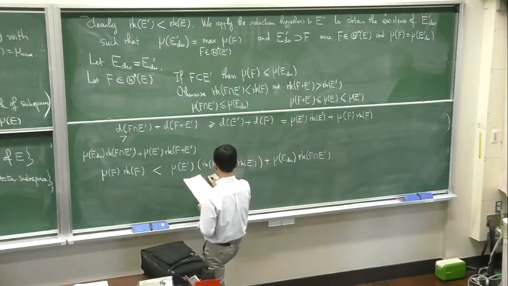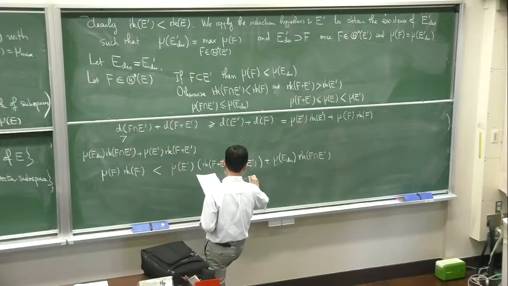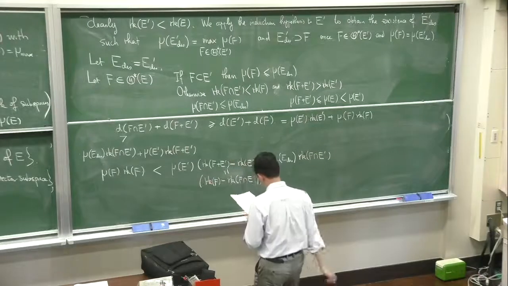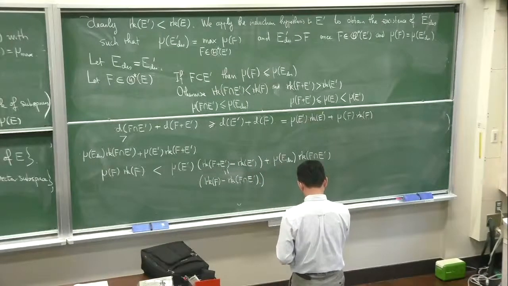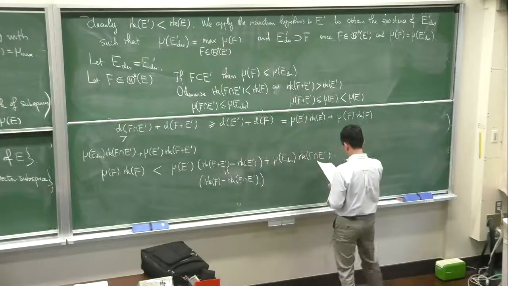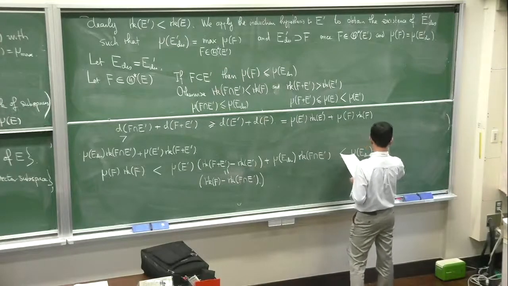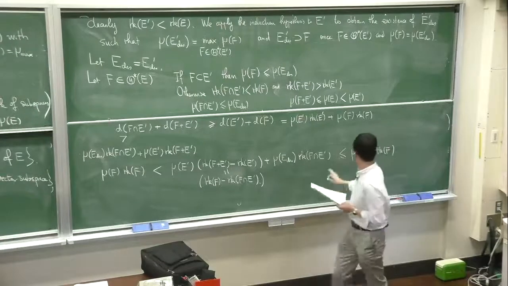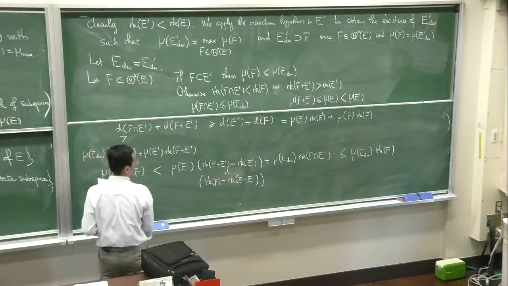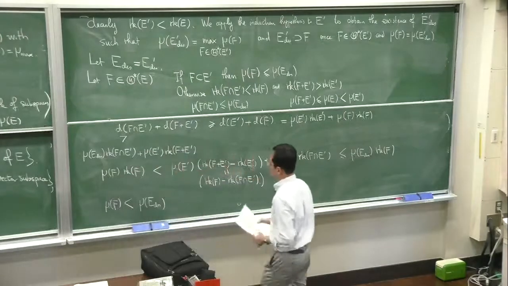But here you find this thing is just the rank of f minus the rank of the intersection. So this one is just this one. So mu of E prime is bounded by mu of E ds. So this is bounded by mu of E ds times the rank of f. So you find that mu of f is strictly smaller than mu of E ds. So you have the first statement.